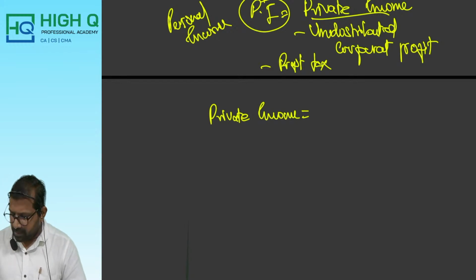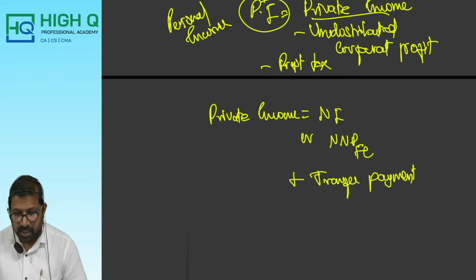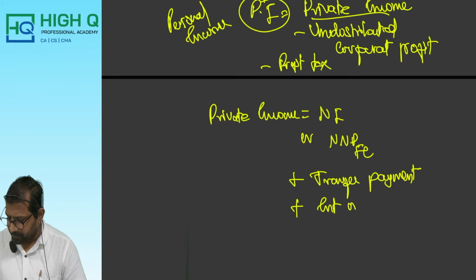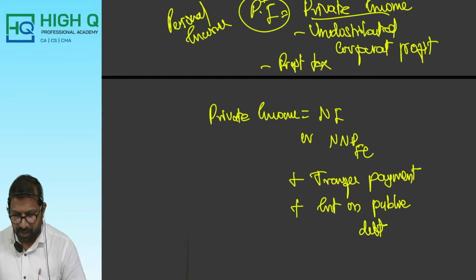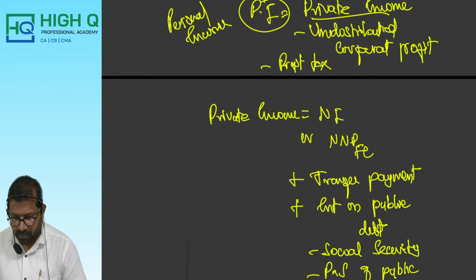Private income equals national income, or NNP at factor cost, plus transfer payment plus interest on public debt minus social security, then profit and surplus of public undertakings.